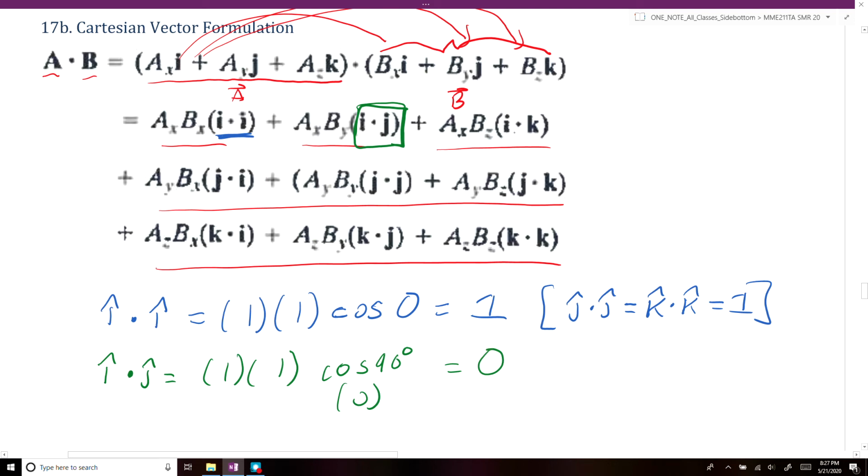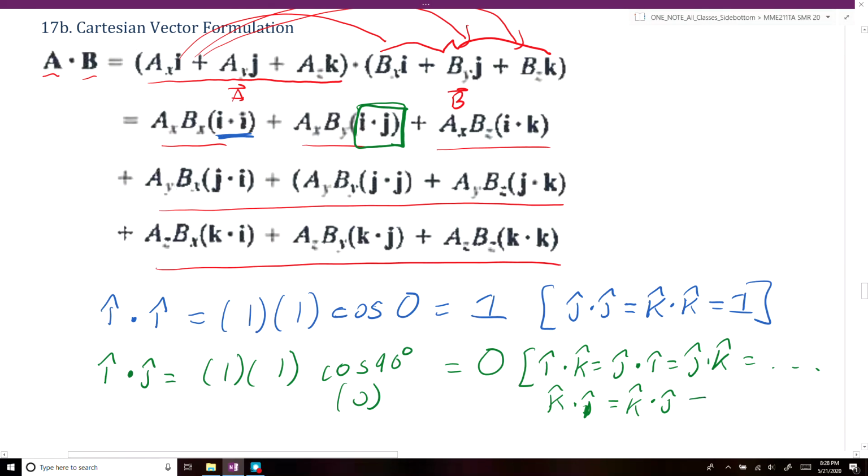In a very similar fashion, I dot K is equal to J dot I, which is equal to J dot K, which is equal to K dot I, which is equal to K dot J. I think I'm missing one somewhere. 1, 2, 3, 4, 5.